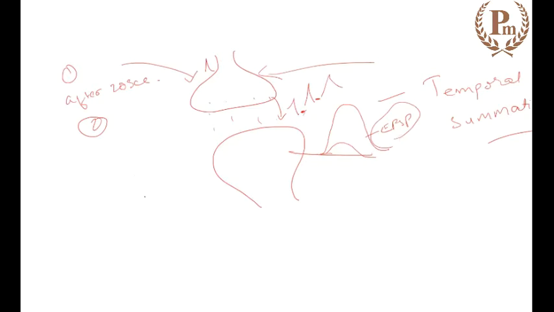Now, let us go to the mechanism of it. Okay, so what is the mechanism? Again, the same thing, availability of calcium ions. How? Let me tell you again. So what did happen? Let us go back to the steps of synaptic transmission. An impulse came, okay.